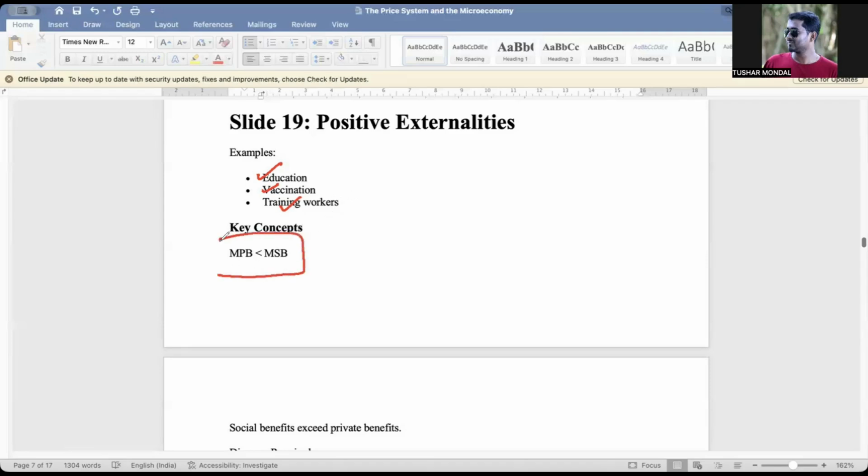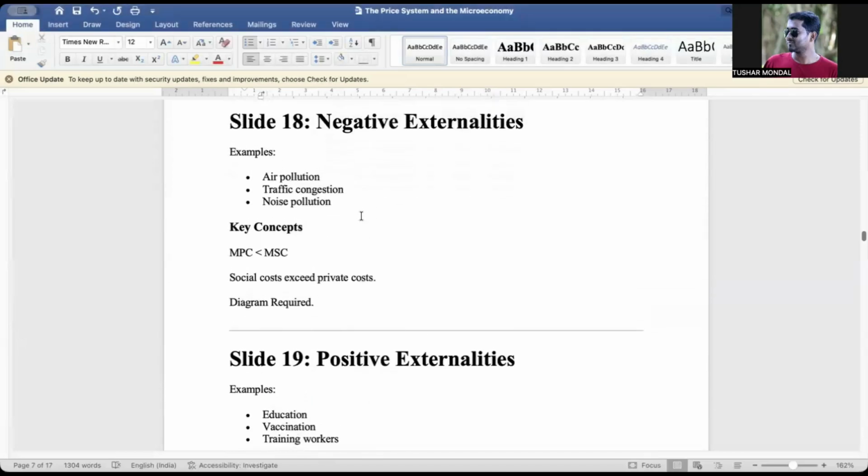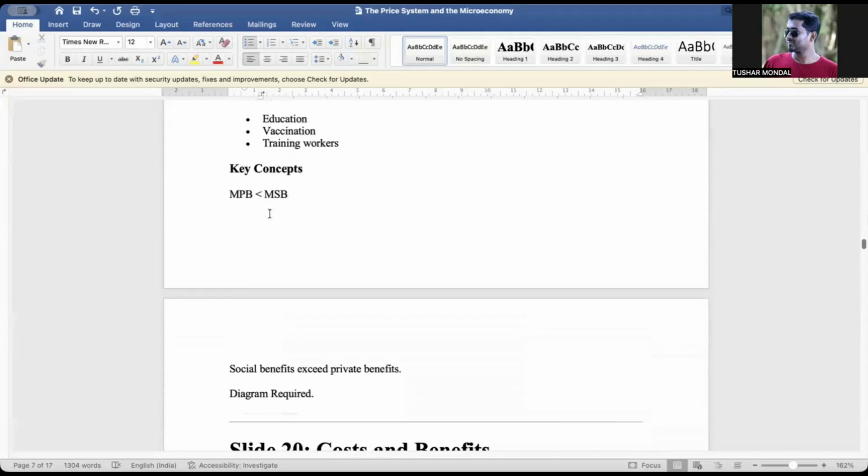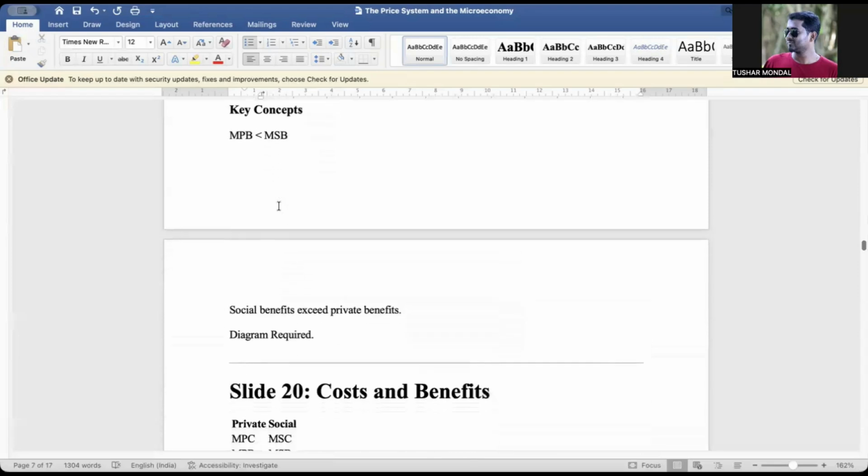In that condition, with positive externalities, the social benefits exceed the private benefits. Before this we saw negative externalities, where marginal social cost is more than marginal private cost. And here it shows the benefits.